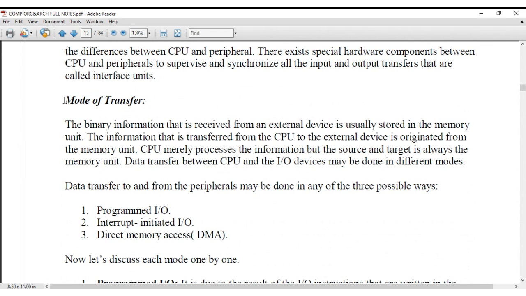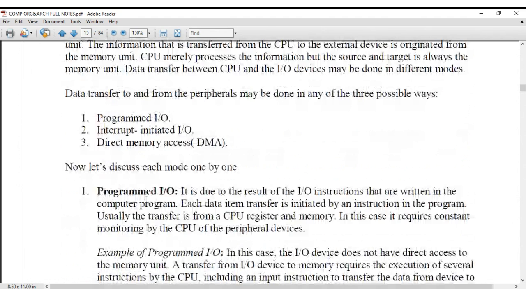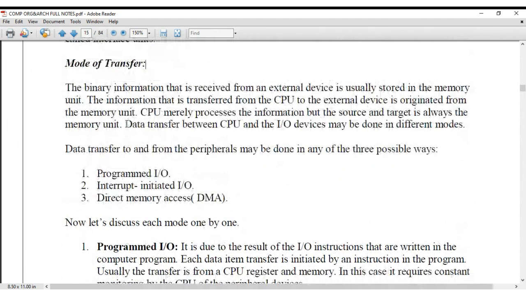So modes of transfer. We said that there are three different ways in which data or instruction bits can be transferred between the CPU and input-output devices. Like for instance, if you click open using your mouse, if you click delete, rename, or move, or you type something on the keyboard, how is that information able to go to the CPU for execution?